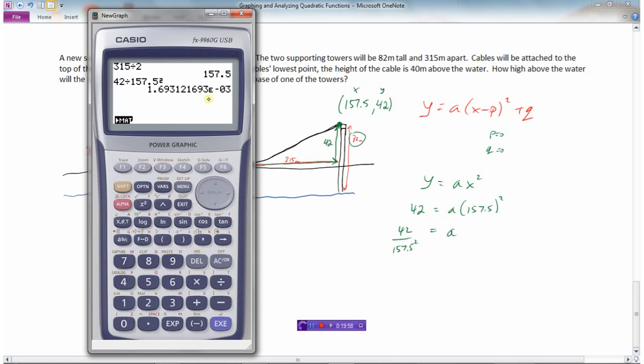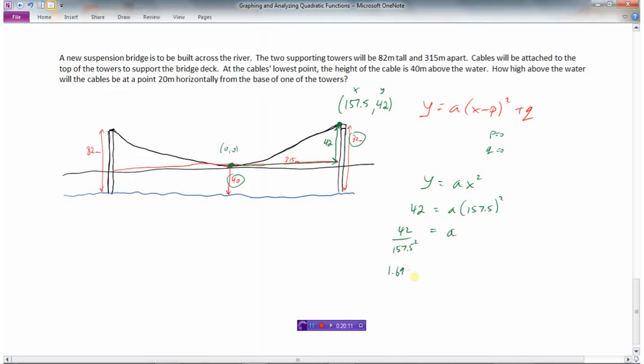So when you see something like this, 1.69, and then this E minus 3, this is not the number 1.69. It means 1.69 times 10 to the minus 3. So let's put it in scientific notation, which means the decimal needs to go to the left 3 places.